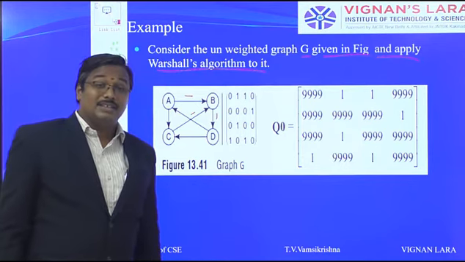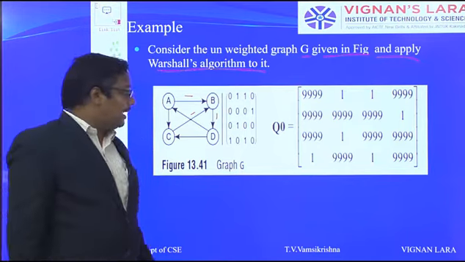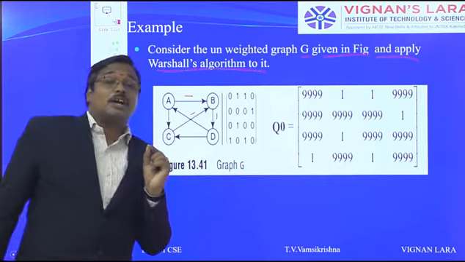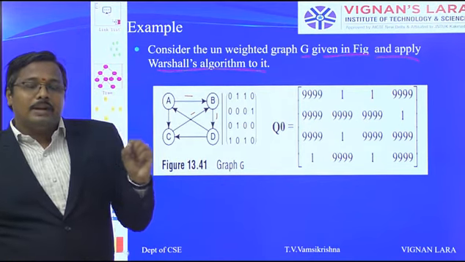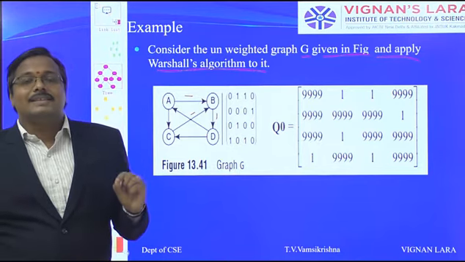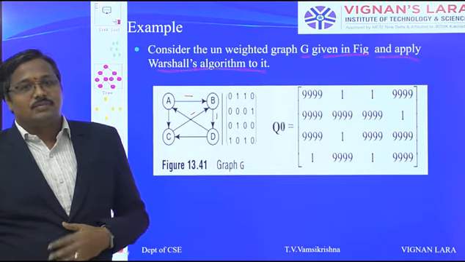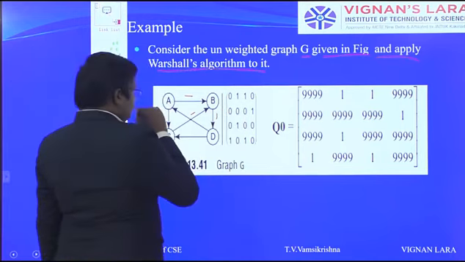In the shortest path case, we assume that each and every edge has a distance of 1 meter, or 1 is the weight. So this is the adjacency matrix.